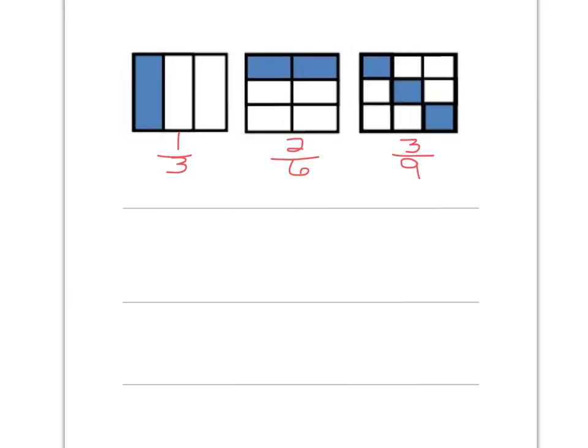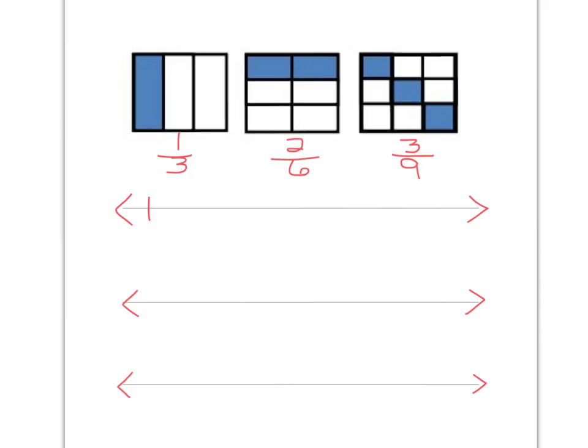Are these fractions equivalent? I'm going to place these fractions on a number line to prove my answer. So I'm going to fix my number line by making arrows on the ends. Since my first one is broken up into thirds, I'm going to break my number line up into thirds.